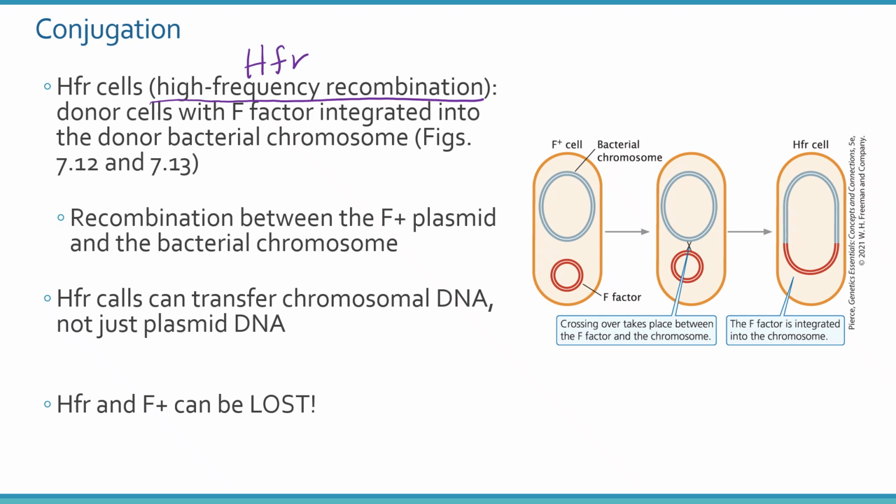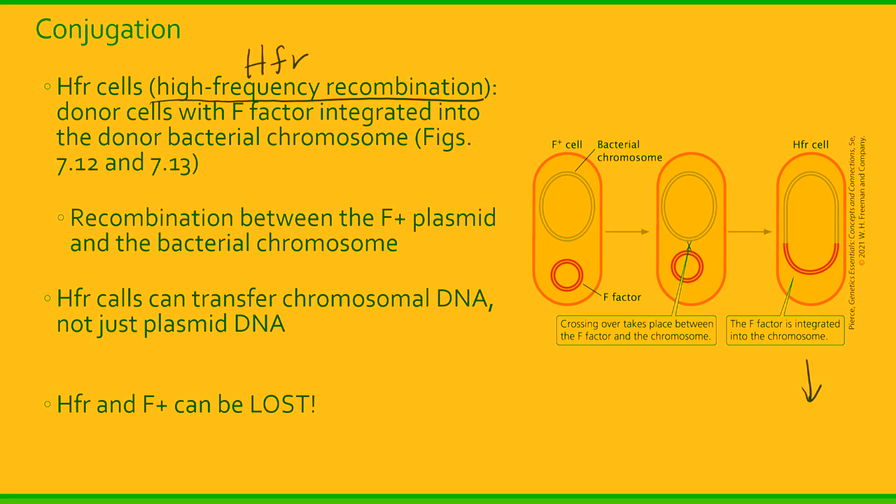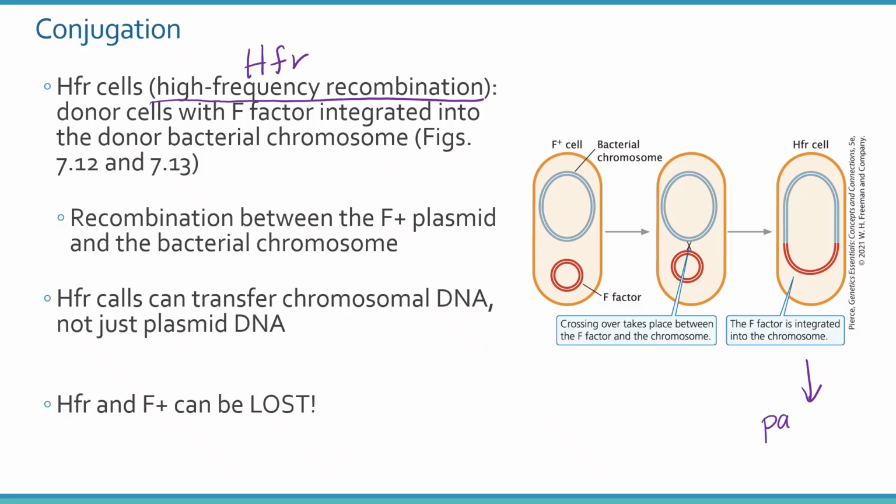So if we get recombination, and there's our crossing over event that is going to combine this plasmid with the F factor into the bacterial chromosome, then it becomes part of the genomic DNA of the bacterium. And if this happens, then this F factor is going to be passed to offspring as well.